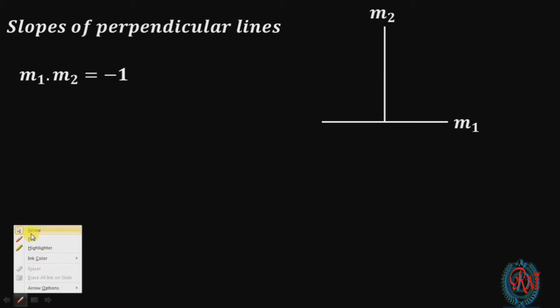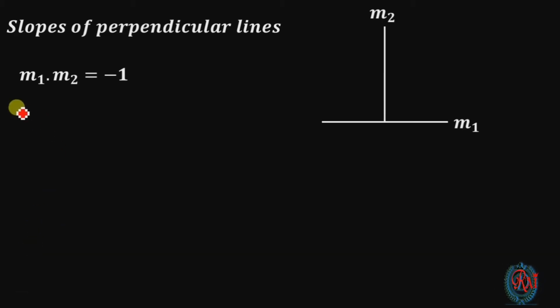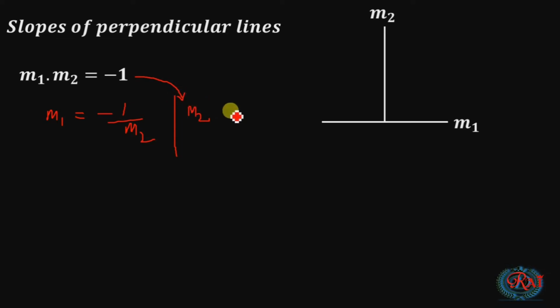So from here we can easily find the value of m1. So m1 is equal to minus 1 by m2. Now if I need to calculate the value of m2, then from this equation, m2 is equal to minus 1 by m1.